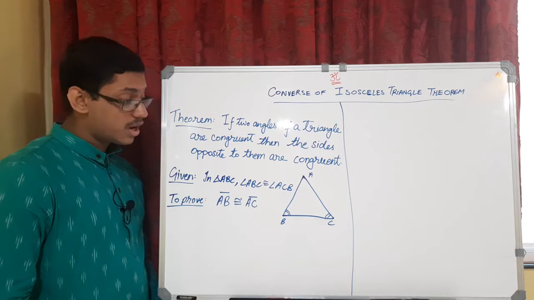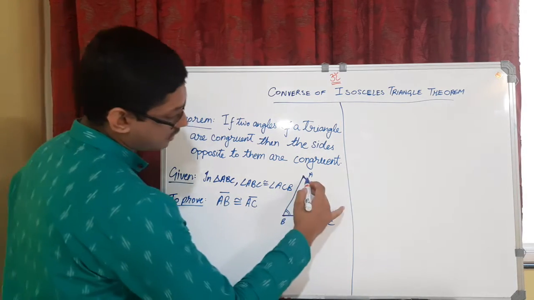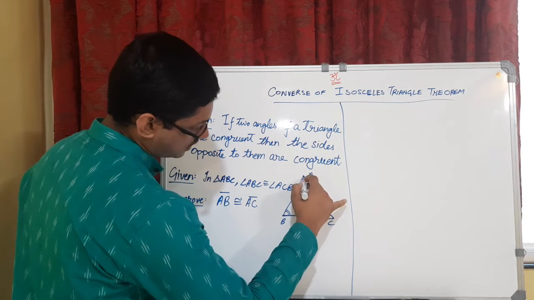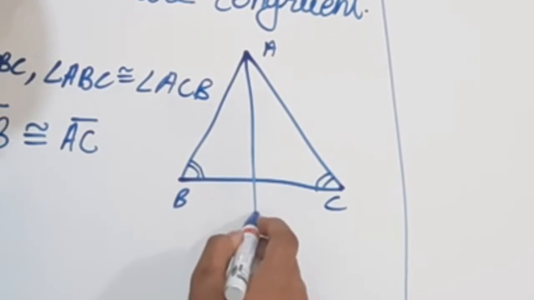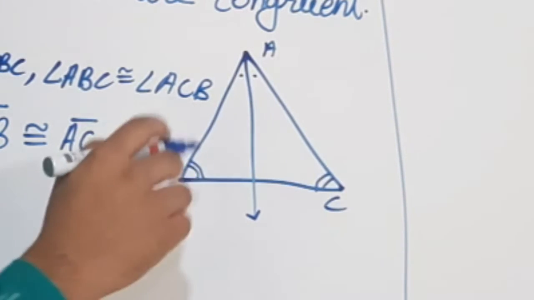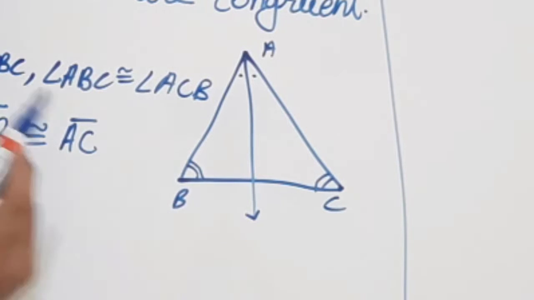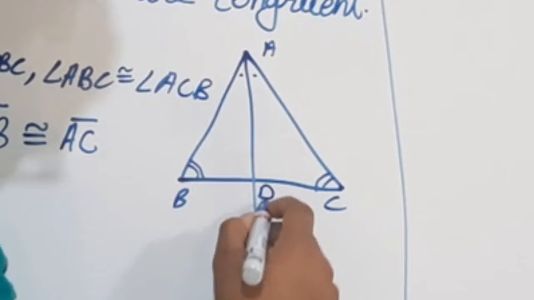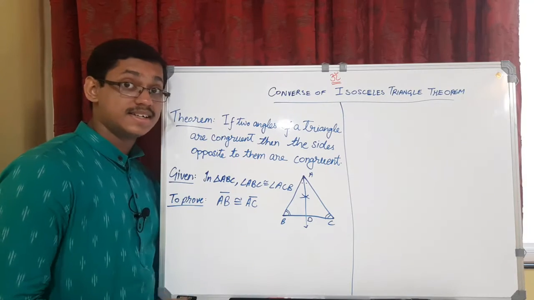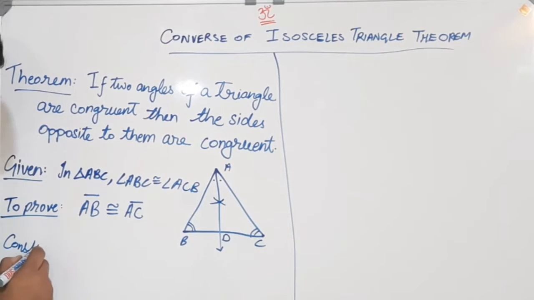Now we have to again bisect this triangle like this. This angle we have to bisect. We have to make some marks here to denote that these two angles are equal. All right, now let's name it D. Write in the construction, first write construction.